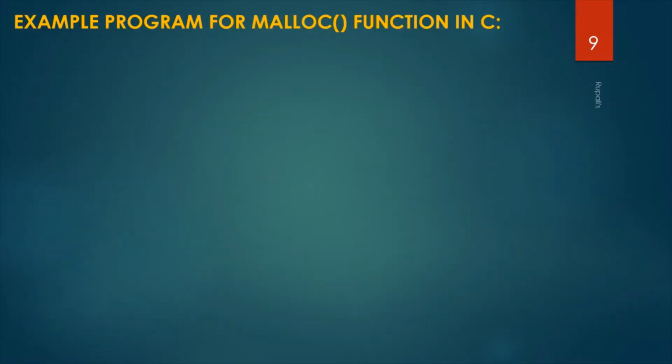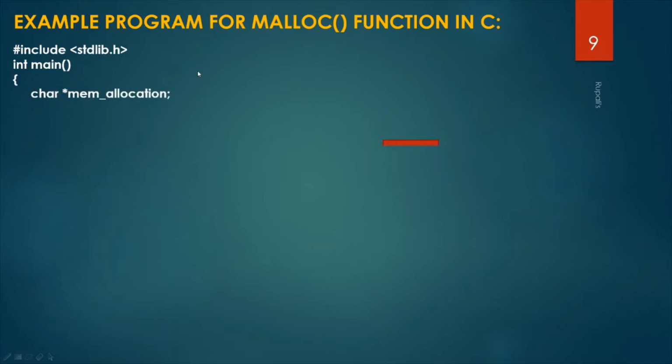Now, the program for the malloc function. For using malloc, you have to include the stdlib.h header file. Here we declare one character pointer, mem allocation. So mem allocation can hold an address of a character.